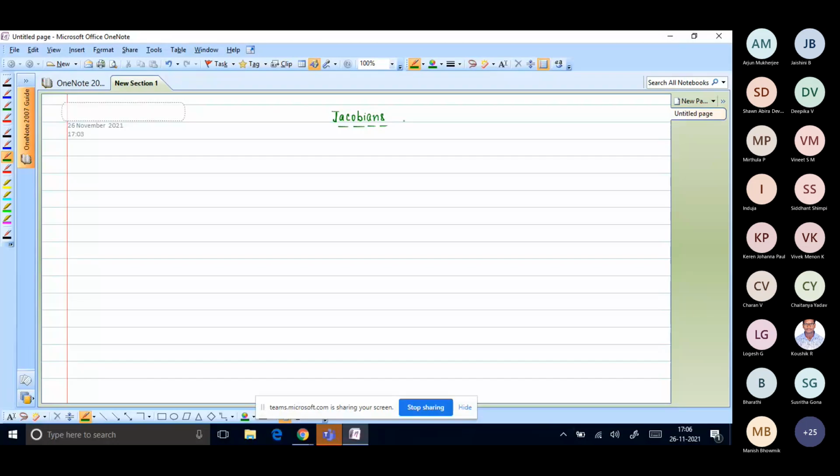Next topic is Jacobians. Suppose u is a function of x, y and v is also a function of x, y. Here we take x and y as independent variables.